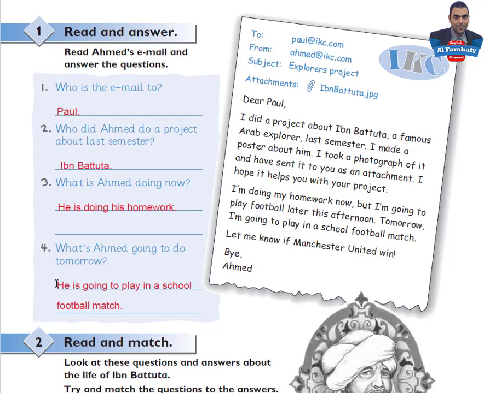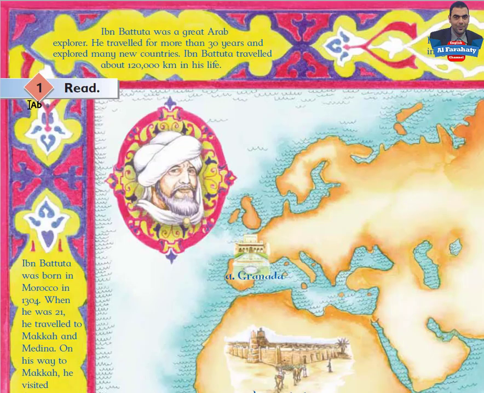Yes. Thank you. Dear students, let's go to pages 34 and 35 of your class book in order to look at Ahmed's project about Ibn Battuta. Then we will come back in order to do activity 2. Activity 1. Read.